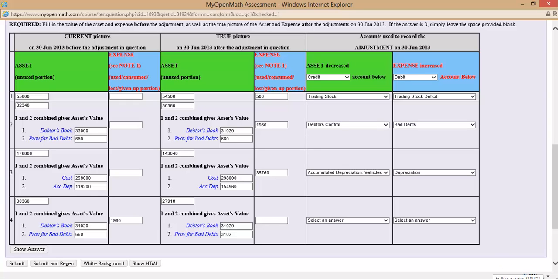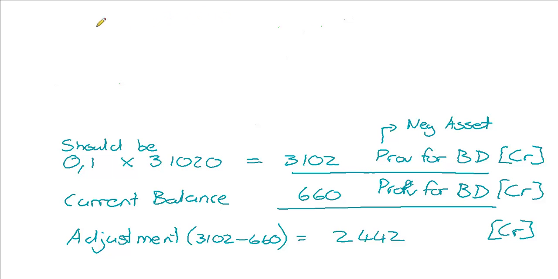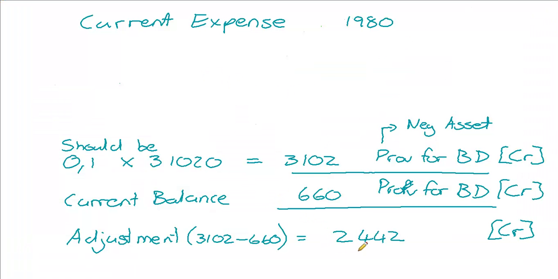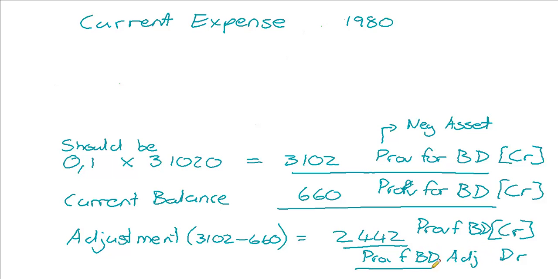So let's quickly see if we can do that. So the current expense is the bad debts that has been written off, which is 1980. We got that from here. Alright, there's my 1980. That's the current expense. Then we know we've got this additional adjustment, which is going to be credited to provision for bad debts, but the debit leg is going to be on the provision for bad debts adjustment account.